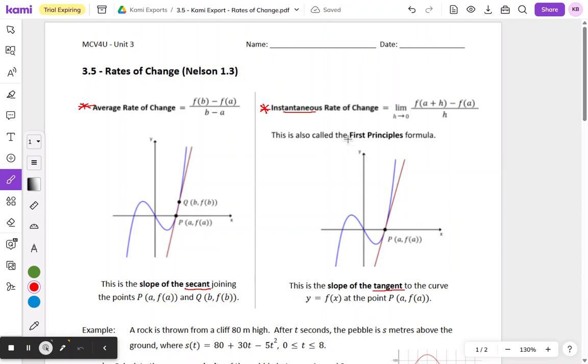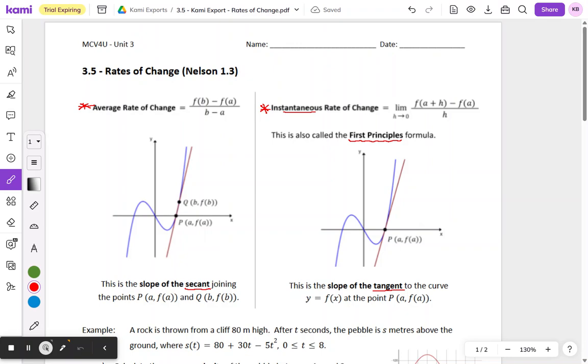And just some new vocabulary. We also call this first principles. So basically the idea with first principles is that you sort of go back to square one and work with key, I guess, foundational calculations to make something true.